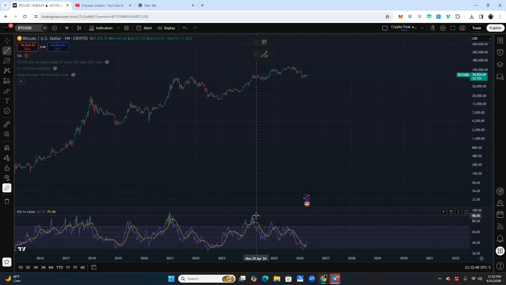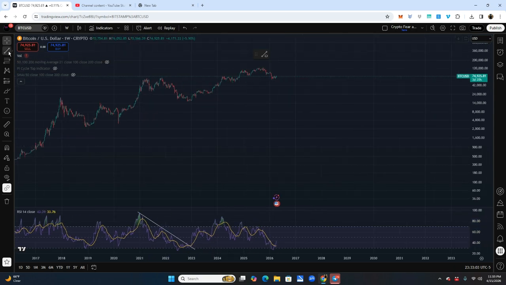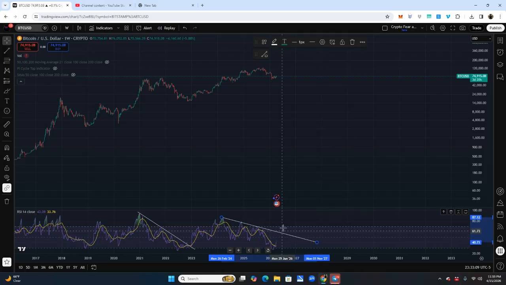Okay, what about this next cycle? Yeah, that would have predicted pretty close to the exact bottom as well. Now what about this new cycle? We have a long ways to go before we break that trend line.